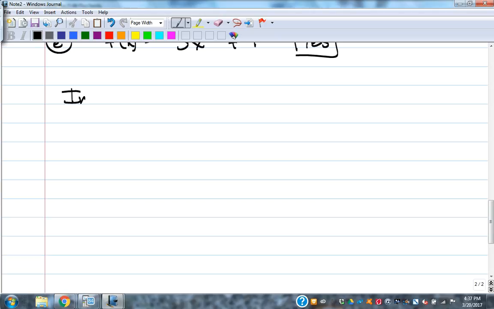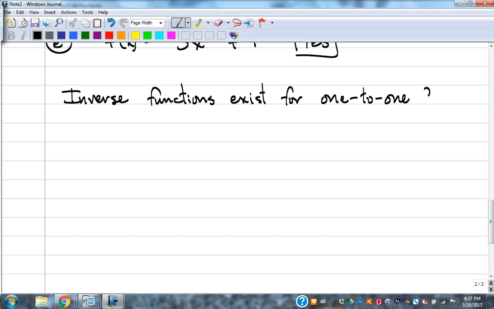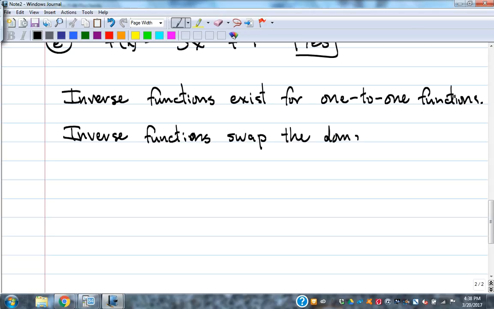Now, inverse functions exist for one-to-one functions. Inverse functions swap the domain and range, x, y.